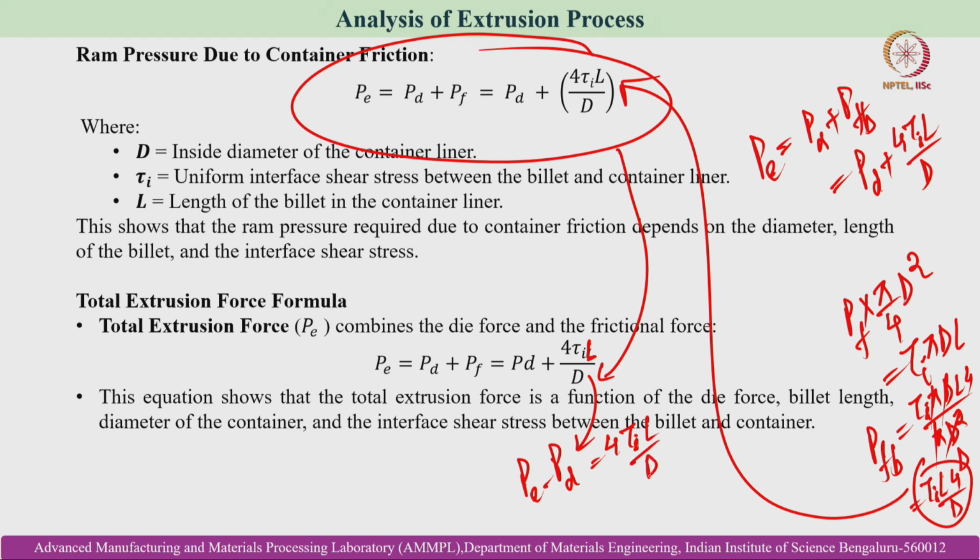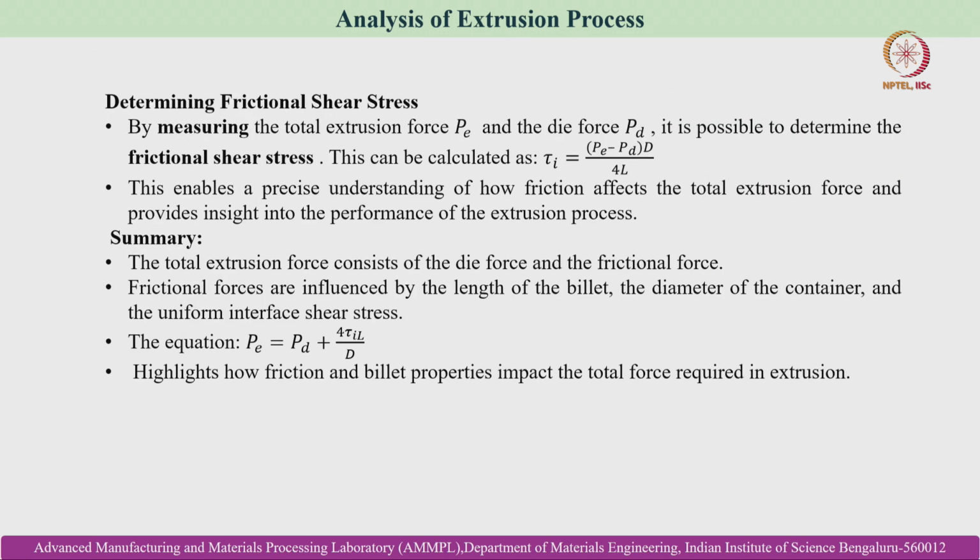That means tau i is equal to d into (P e minus P d) by 4 L. This is the expression which can be utilized to calculate the frictional shear stress that is generated between the container liner and the workpiece which is undergoing the extrusion.